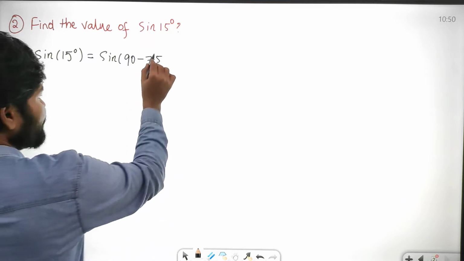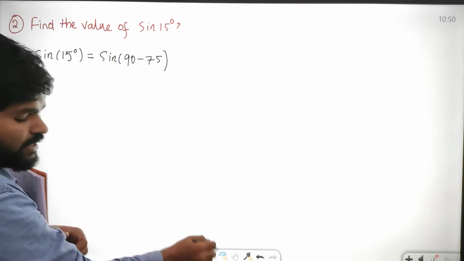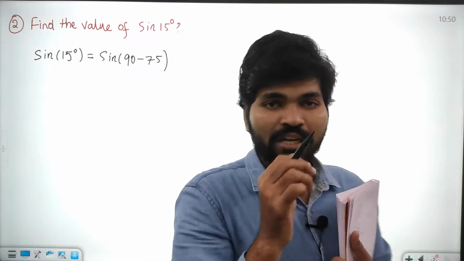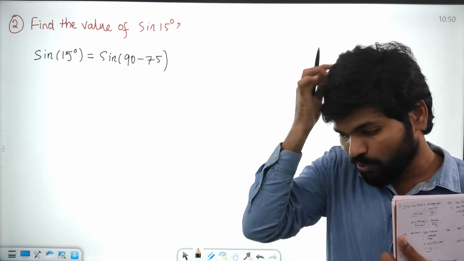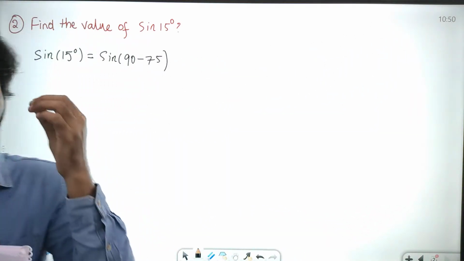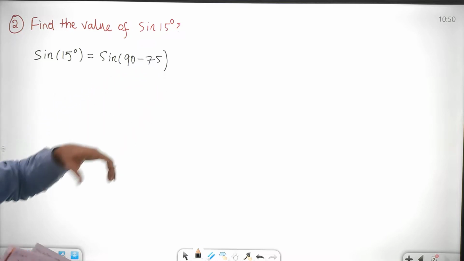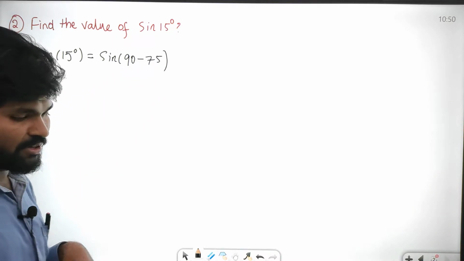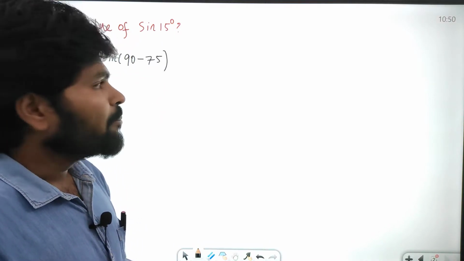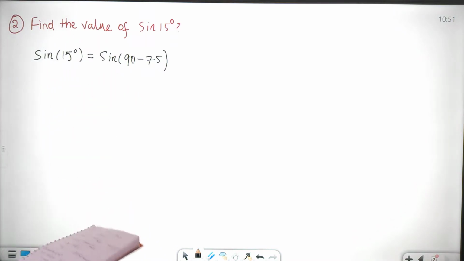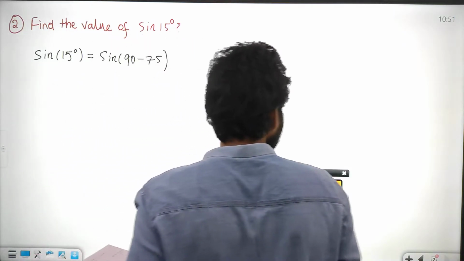Okay, see first. This 90 minus 75 is not in our coordinate system. I explained one coordinate system to remember the values of sine and finding the values of more than 90 degrees. We don't have this value, 90 minus 75 or 90 plus 75. Okay, but how can we write this? I already explained one formula.